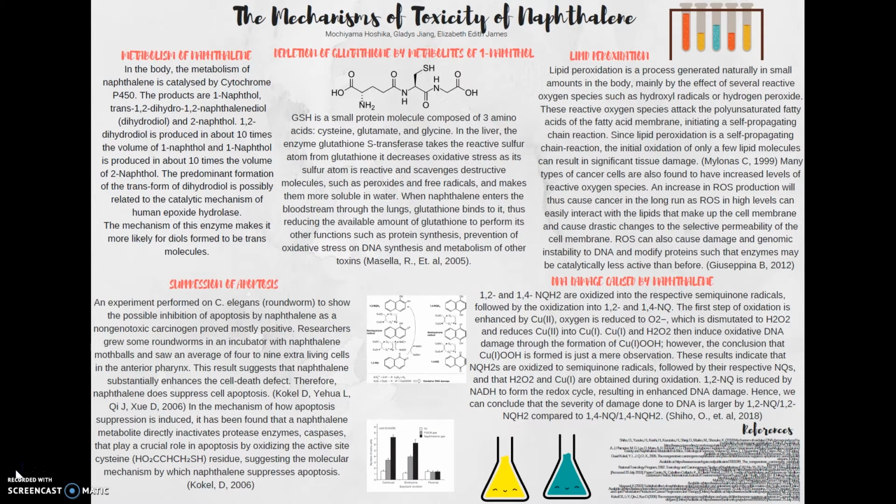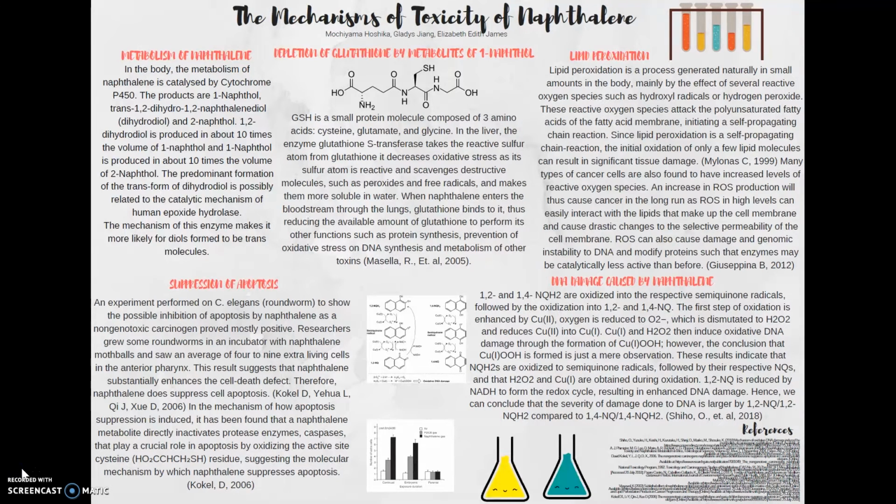The treatment with piperidine significantly enhanced DNA cleavage, suggesting that DNA damage was due to base modifications alongside strand breakage. In addition, adding NADH, which stands for nicotinamide adenine dinucleotide, increased DNA damage by 1,2-NQH2, but it did not affect the extent of damage done by 1,4-NQH2.